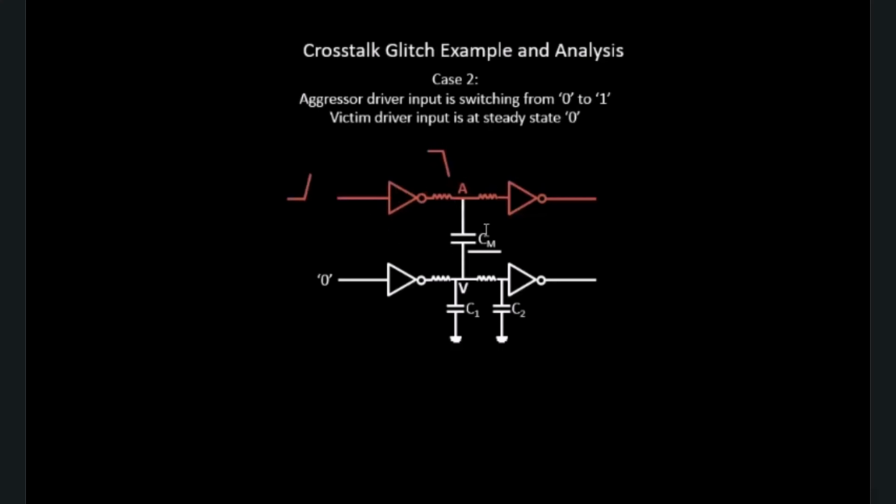Now let's try to consider this particular coupling capacitance as a reverse bucket with a hole over here. Initially the bucket was in this direction with a hole over here. In this case the bucket is the same, but it's placed in the reverse direction, and there is a hole at this point.